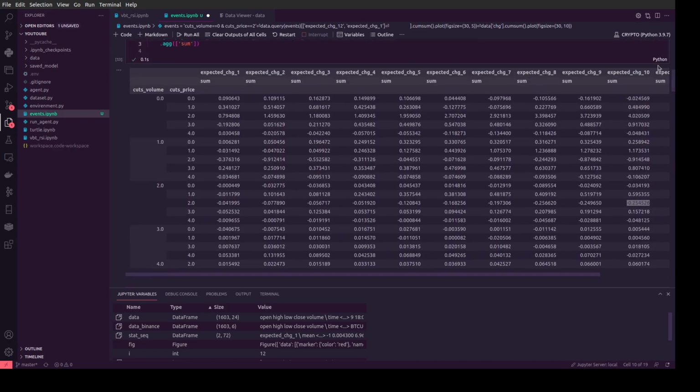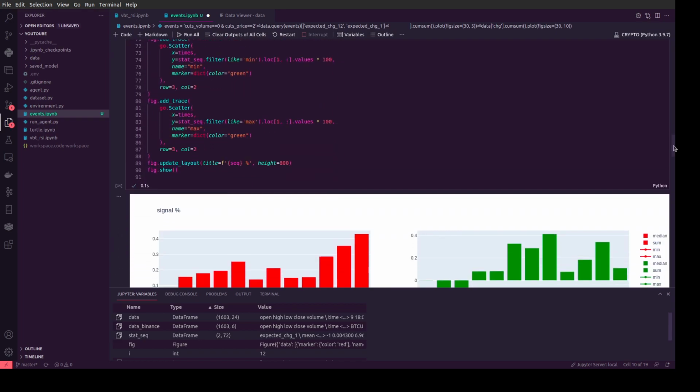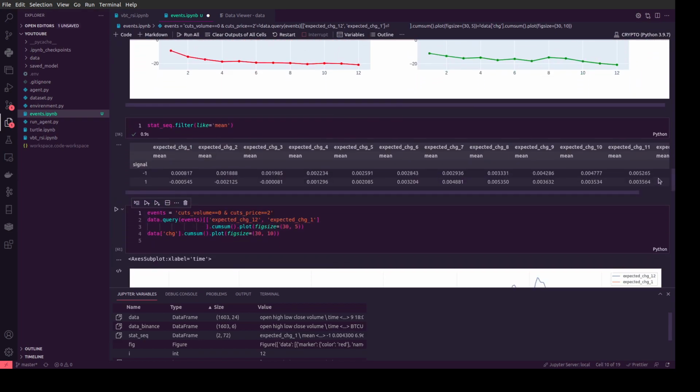In this situation we have very good results, so let's build a strategy using those statistics. I indicate our events: volume quantile would be 0 and price quantile would be 2, and I write a query for Pandas with these events, and I would like to see what happens after 1 bar and after 12 bars.